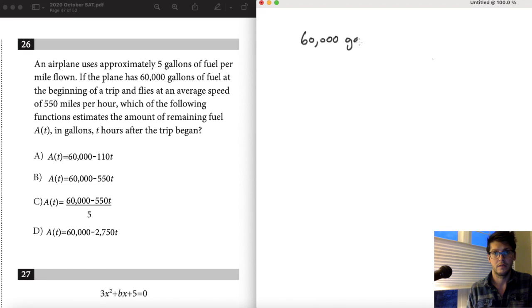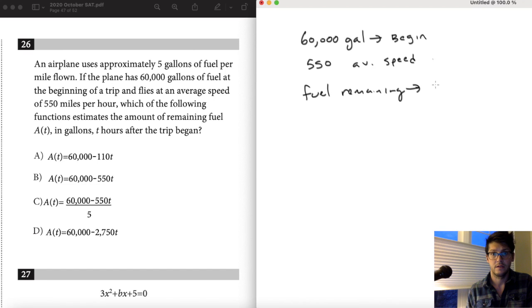Begin. 550 is the average speed. I know I didn't read that first sentence. I'll come back to it. Remaining fuel. Fuel remaining. That's what, A? And T is hours.